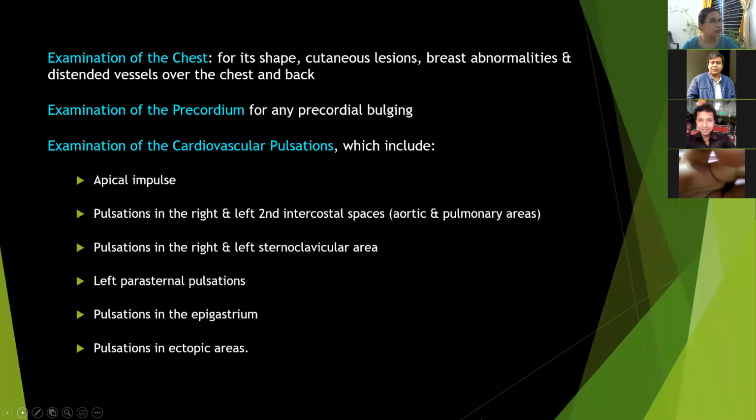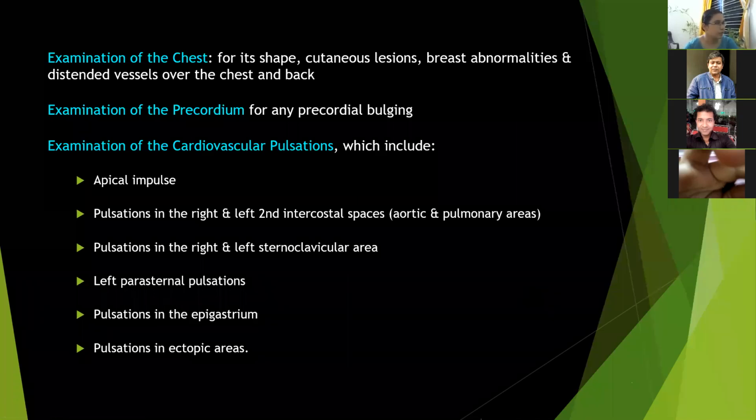So in inspection, we will examine the chest for its shape, cutaneous lesions, breast abnormalities, and distended vessels over the chest and back. I am just giving a brief idea of the subheadings under which the topic will be discussed. Then the examination of the precordium for precordial bulging and examination of cardiovascular pulsations.